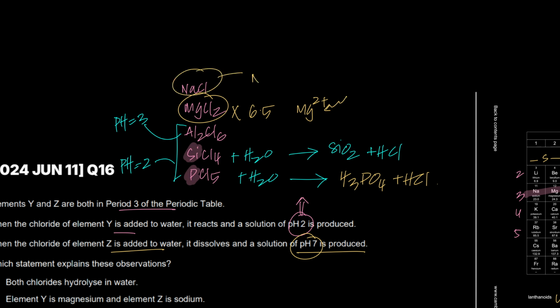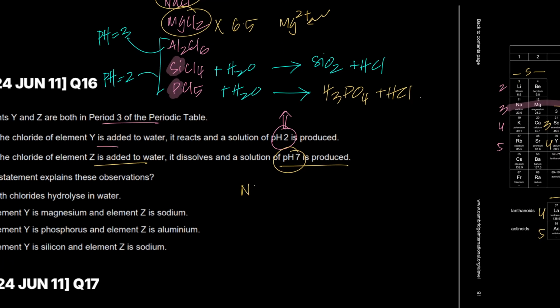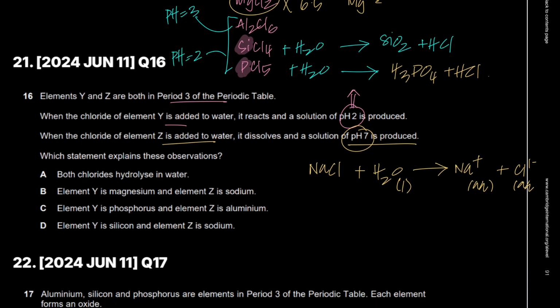NaCl is absolutely neutral. So in fact, it's NaCl. When you add it to water, it does not hydrolyze, it does not react with water, it just dissolves, so it gives you sodium ions and chloride ions as they are. So element Z must be sodium, and element Y can either be silicon or phosphorus. That's all.